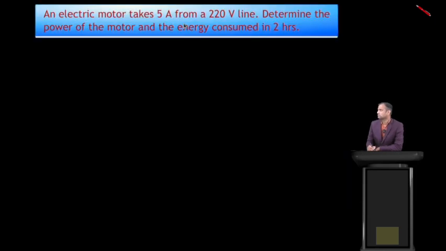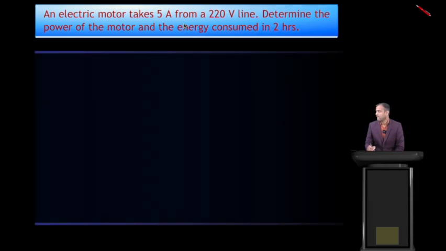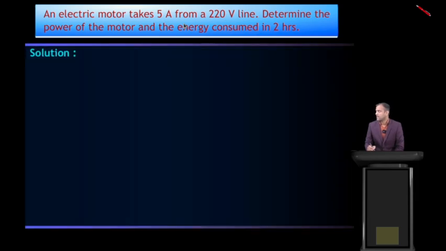An electric motor takes 5 ampere from a 220 line. Now you have to determine the power of the motor. So again, what is given to us? Yes, it is current I, this is voltage V, and this is time. So we have to find I in ampere, V in volt, and T in, yes, very good, in second.